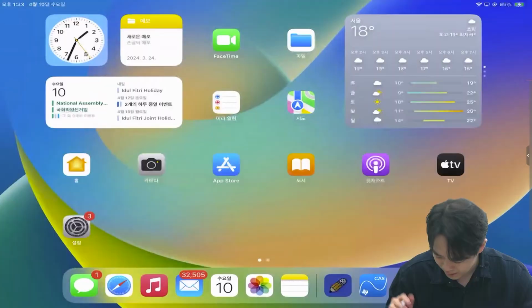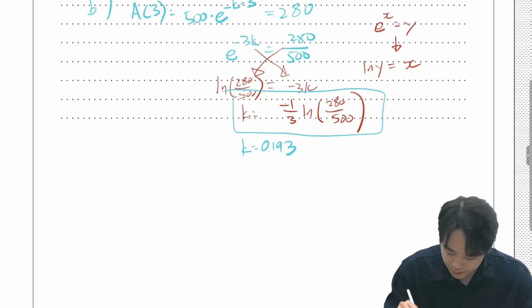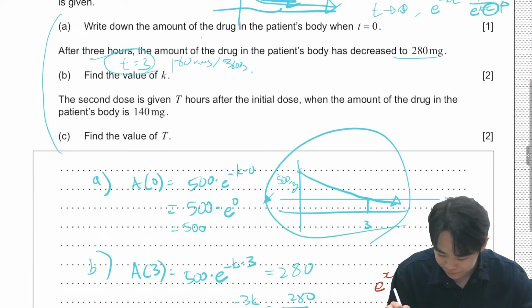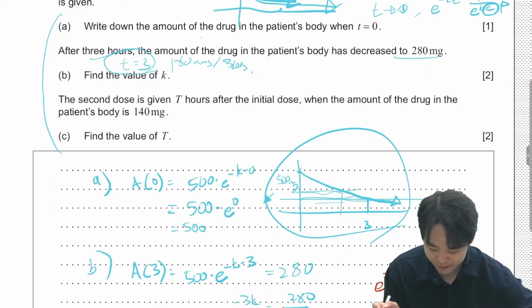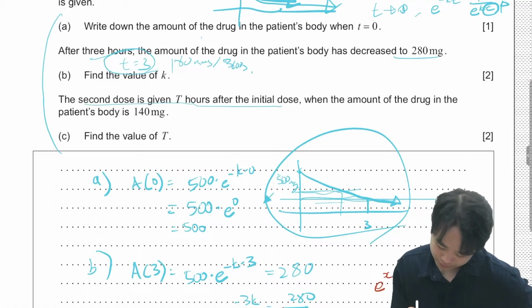Okay? So k is going to be 0.193. And once we have this k value, we can then fully graph this one. And later on, we can know any time value for which we have a known amount of drug in the system.